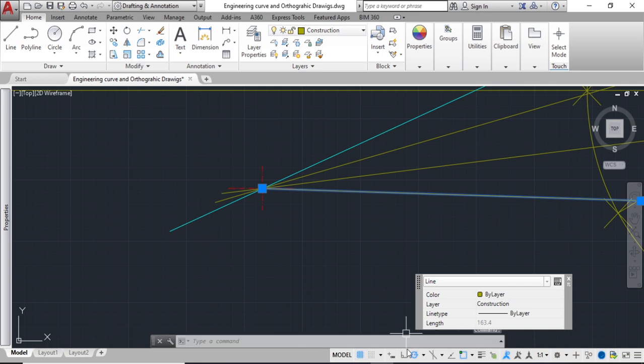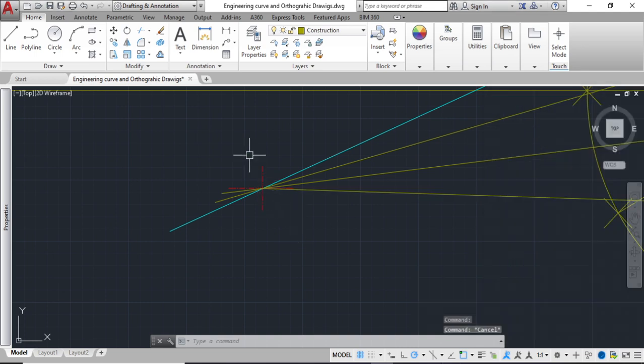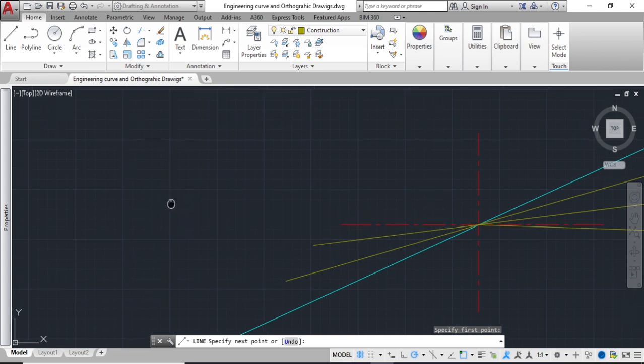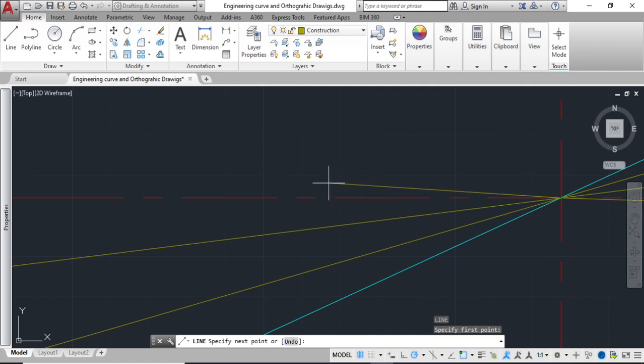Alright, so 163.4, the calculator. 180 minus 163.4 equals 16.6. So we're going to add 16.6 to that one. 16.6. Enter.